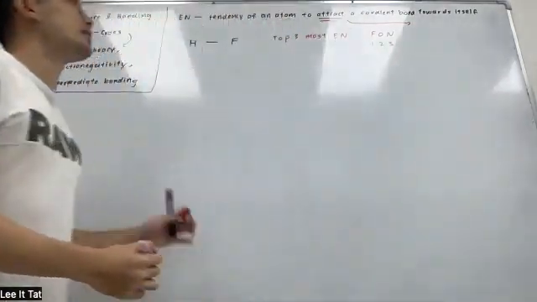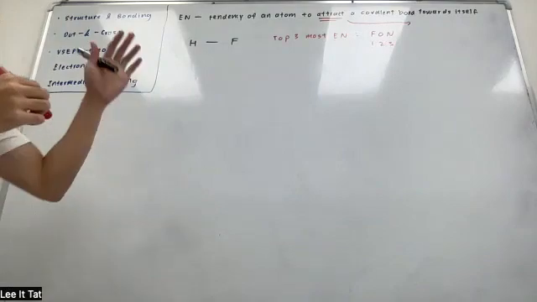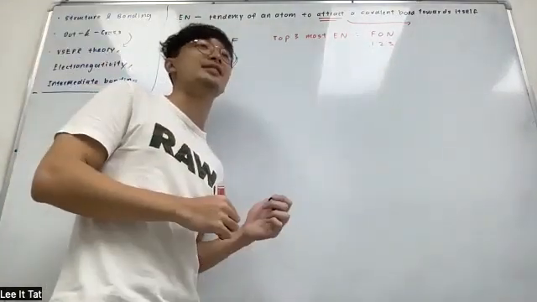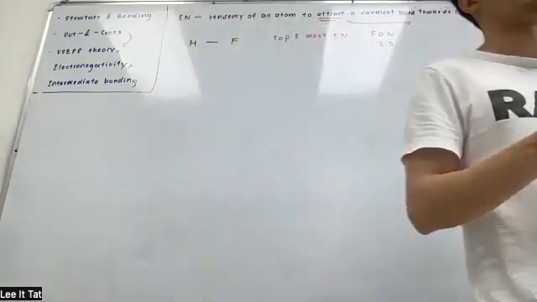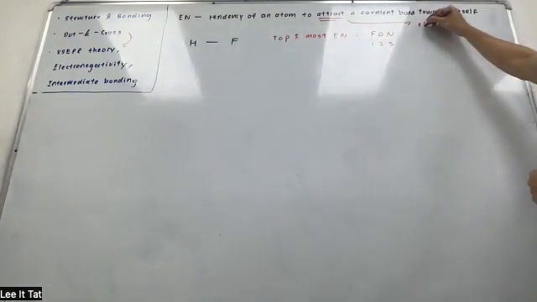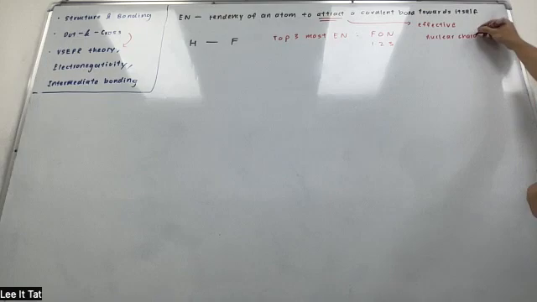Here, the keyword is attract. First of all, why can an atom attract a bond pair of electrons? What allows the atom to attract electrons to itself? The nucleus, because the nucleus contains protons. We are basically just talking about effective nuclear charge, which we discussed in the previous chapter.